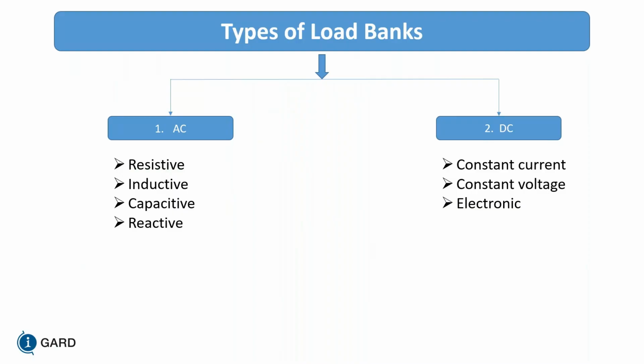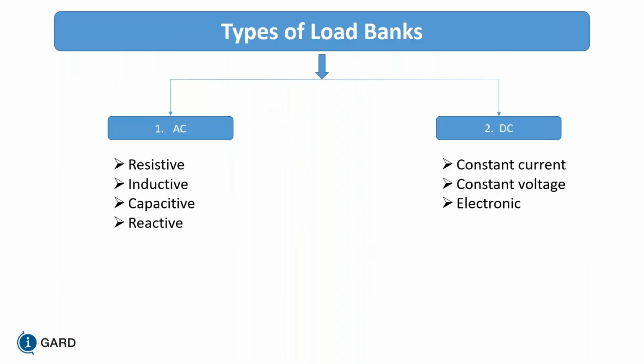So you can have resistive load banks, inductive load banks, capacitive load banks, and reactive load banks. Obviously, resistive is going to be pure resistive load. It's going to be unity power factor.